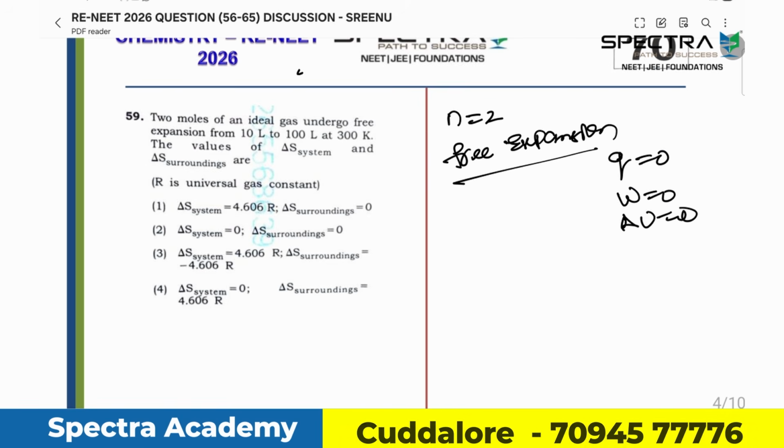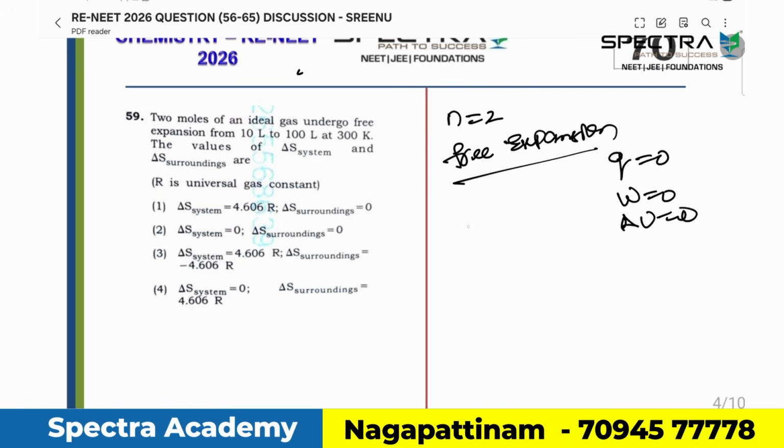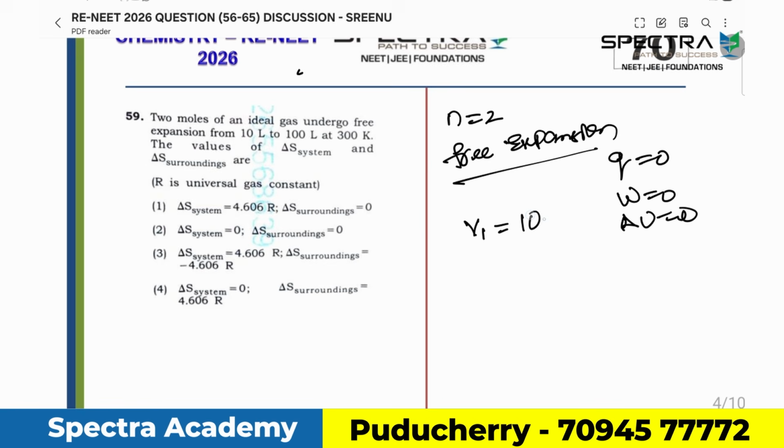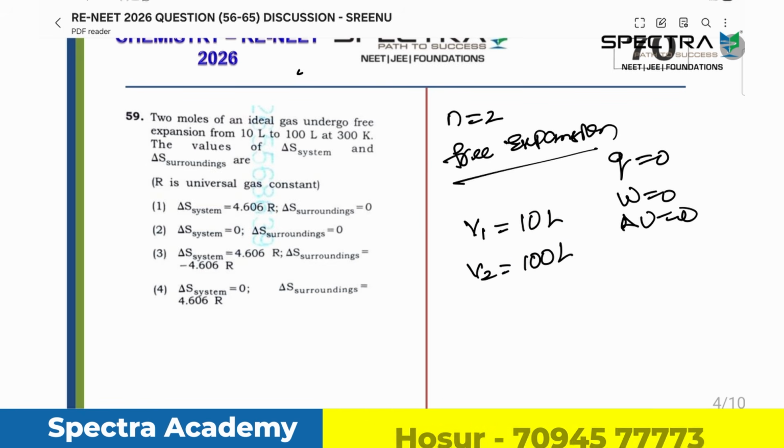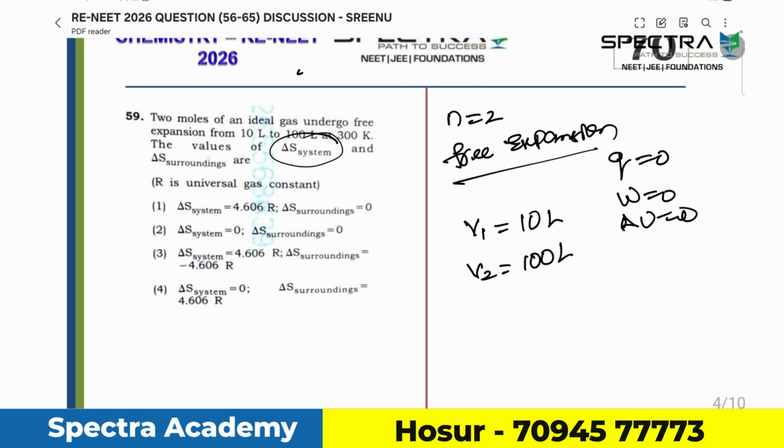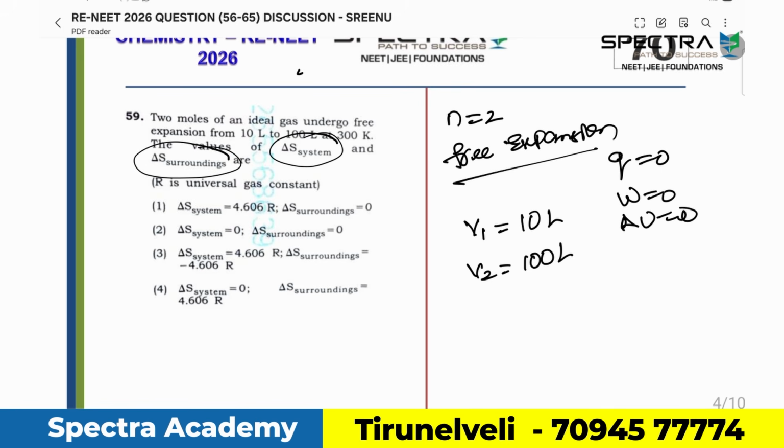Expanding from 10 liters to 100 liters, V1 is 10 liters, V2 is 100 liters at 300 Kelvin. The values of the change in entropy of system and change in entropy of surroundings are asked.